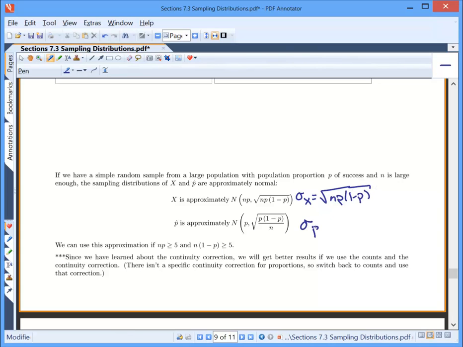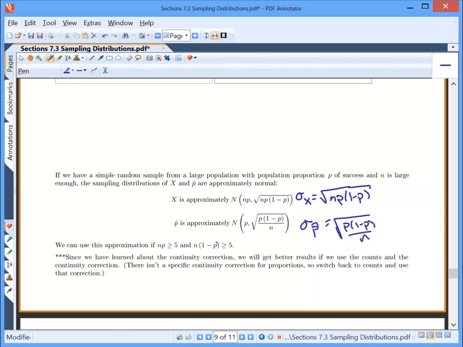And p hat is approximately normal with a mean of p, and the standard deviation is the square root of p times 1 minus p over n. And we can use this approximation if n times p is at least 5 and n times 1 minus p is at least 5.